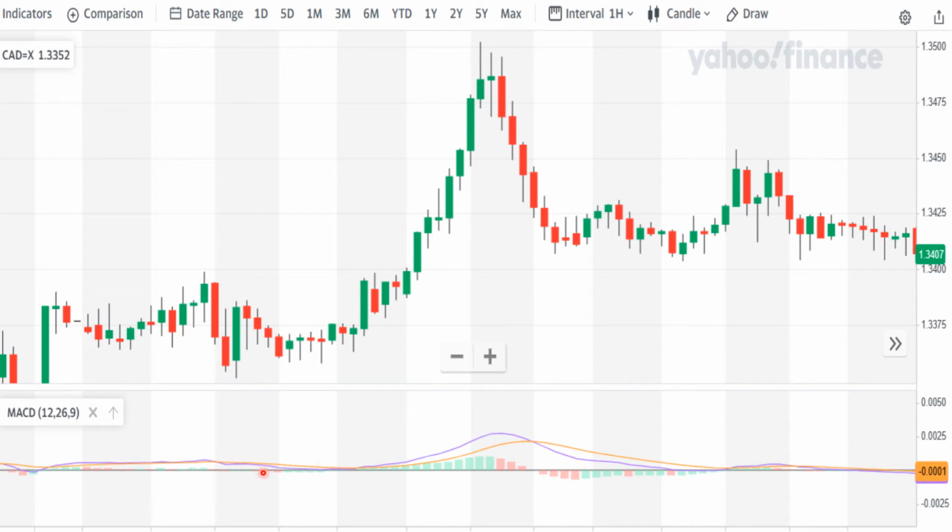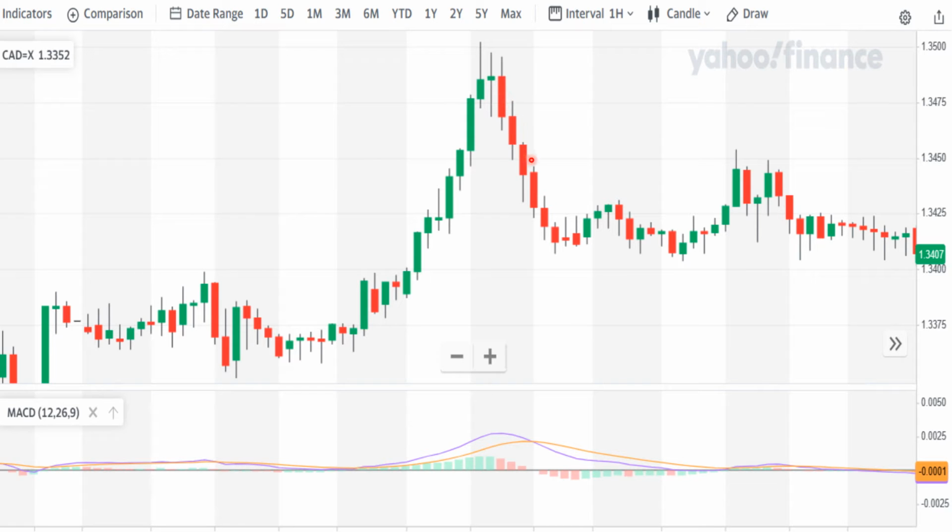On the MACD indicator, here you see the histogram bar is flat, showing that the trend is consolidating. And then you see the trend is going up and the histogram bar shows green above the zero line, and at this location it changes to red, or bearish, and goes down.